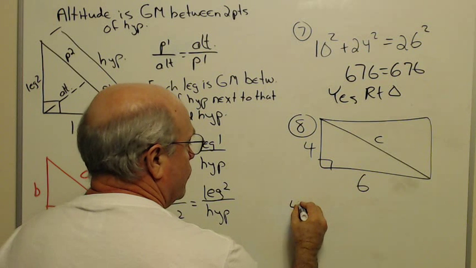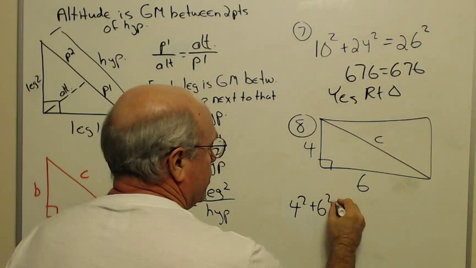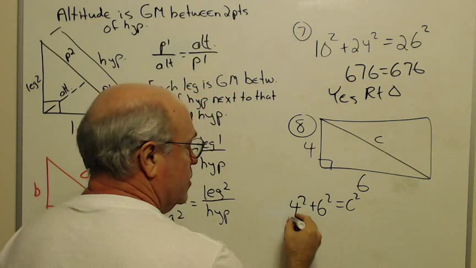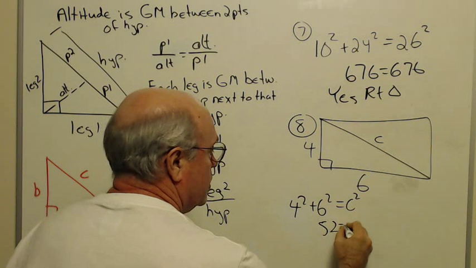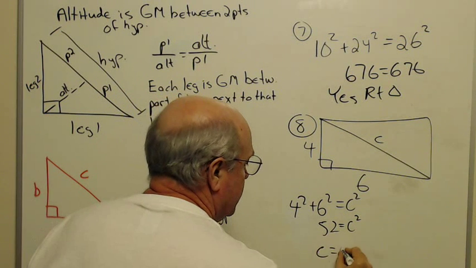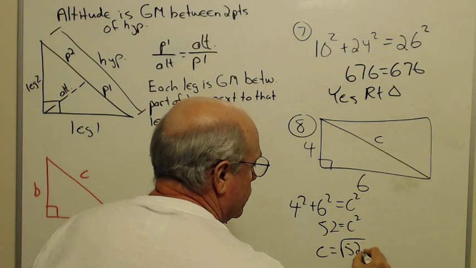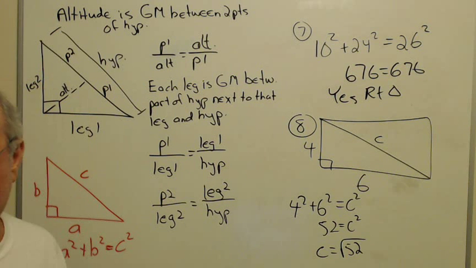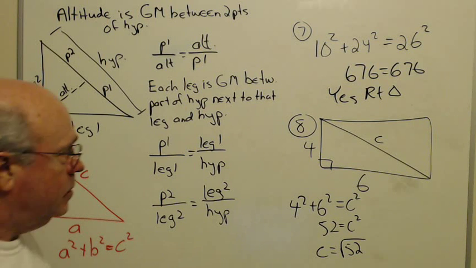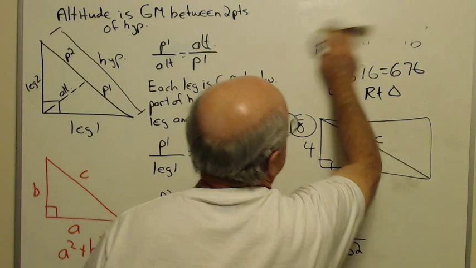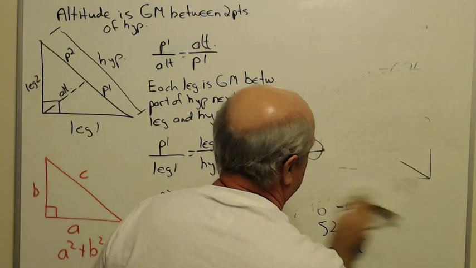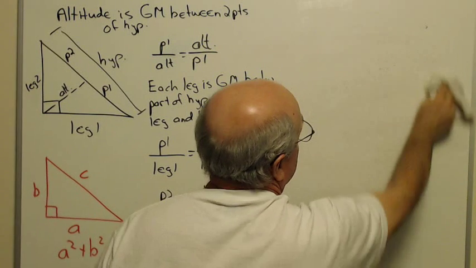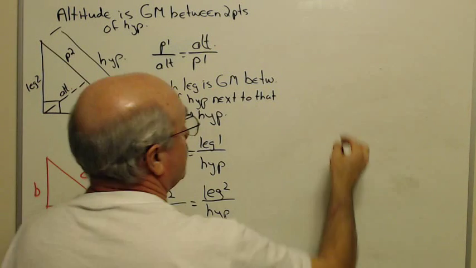We're going to write 4 squared plus 6 squared equals c squared. This side is 52, is c squared, so c will be the square root of 52. You weren't required to simplify the answer, so you're done. 9 and 10 both deal with a right triangle.